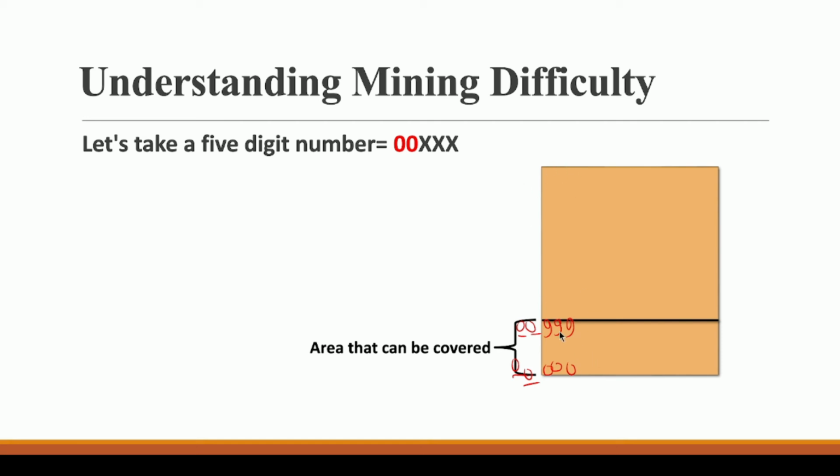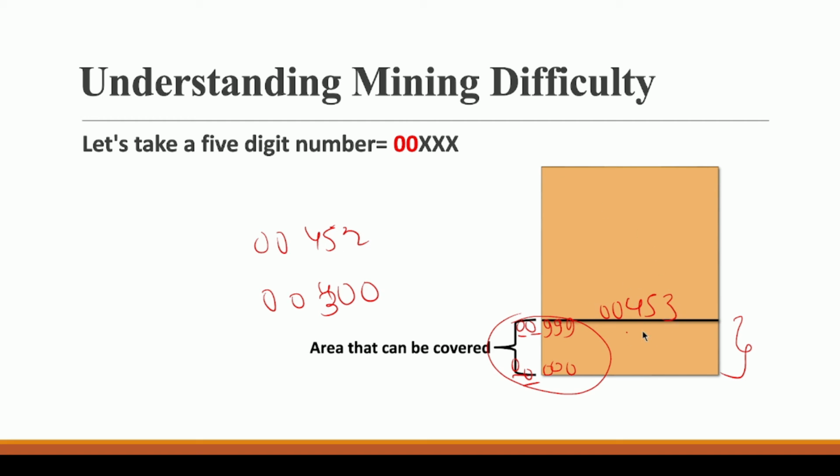And the miners are actually solving for this area only. So they are producing a nonce which lies in this area. Let's say they have a target of, for example, 00453, just an example. Any number below this, like 00452, or 00430, anything which is below this will be a solution to their mathematical problem.